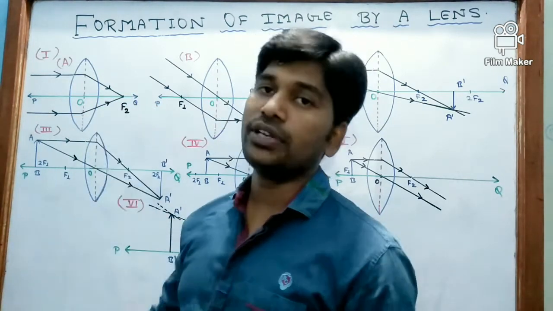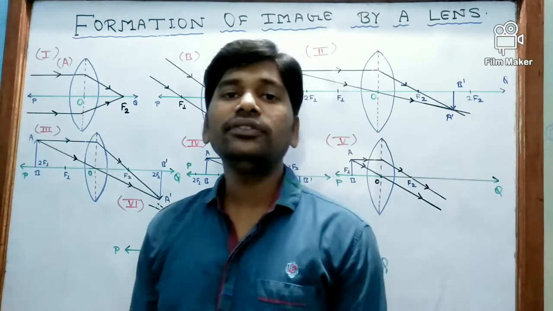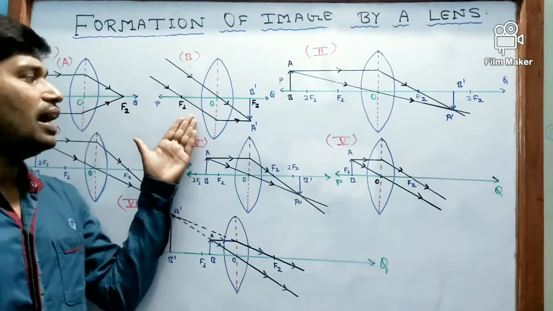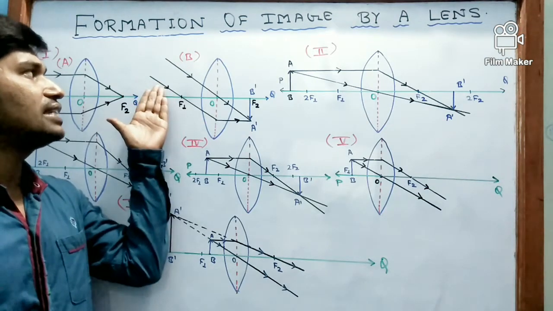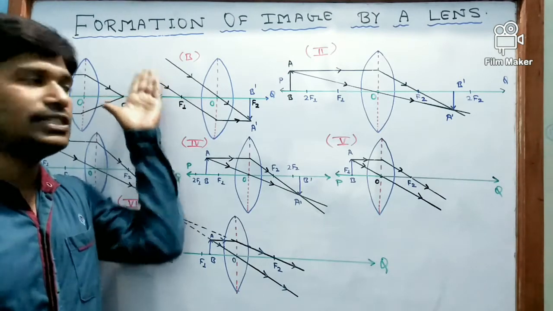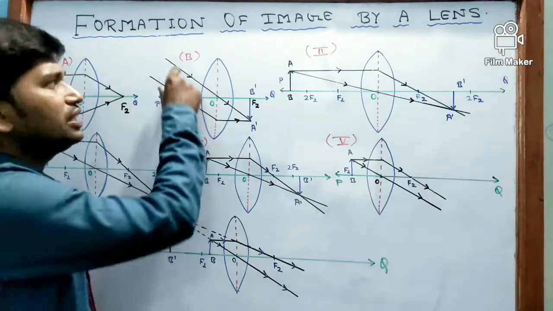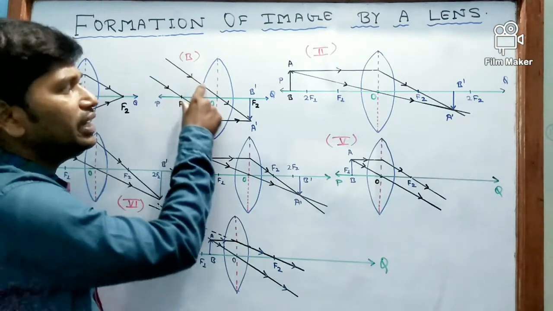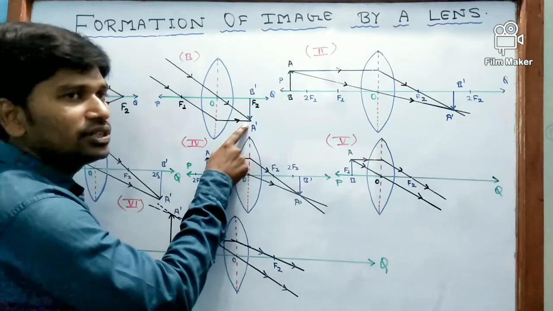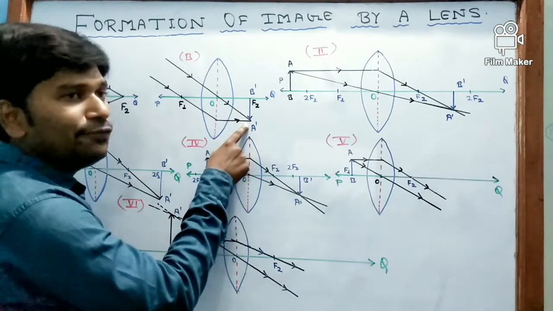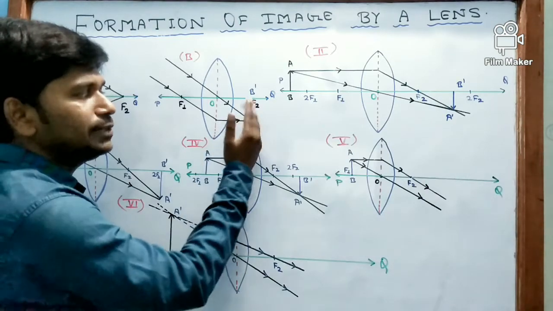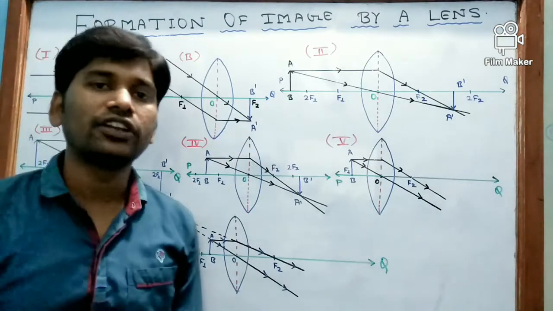Next, the second one: when the object is kept at infinity or at a very far distance from the lens, then also the rays of light seem to be incident parallel on the lens, and the image is formed at the focus. It is not a point size image, the image is formed at the focal plane.